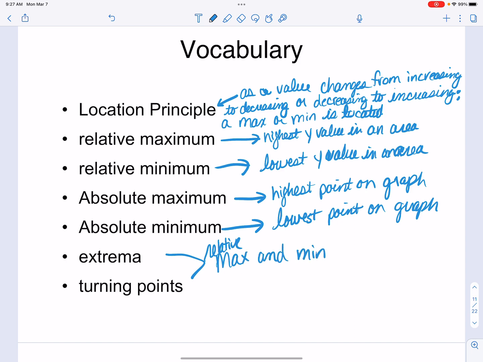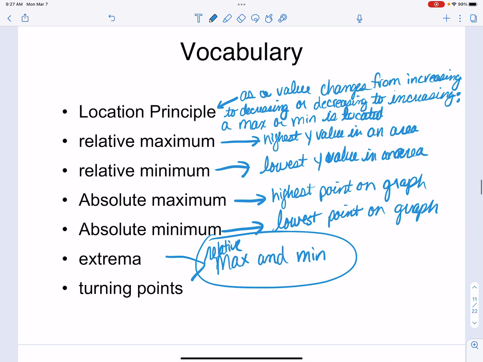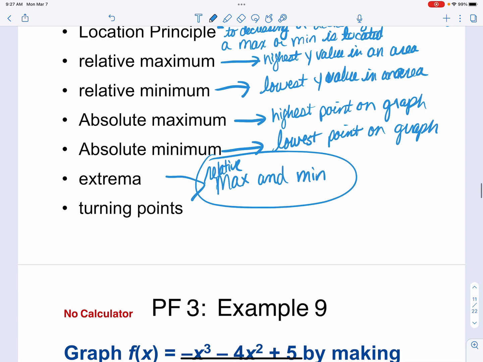Because an absolute max is a relative max. It's the highest in the area and it's the highest on the graph. So it's a special one. So if they ask you to label it, you would say absolute. But if they ask you how many relative there are, you would count the absolute. And so that's what we're going to kind of talk about right now. Just like a square is a quadrilateral.